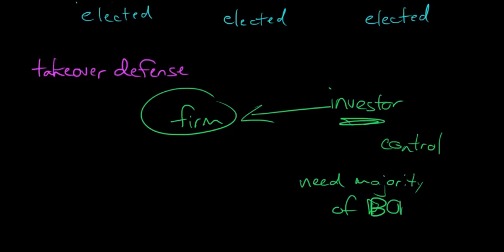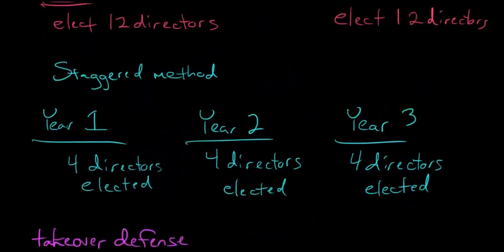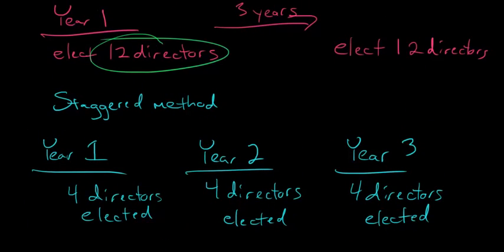So, apologies for my penmanship, but if I notice that there's an election coming up in 3 months and I want to take over, right now I put all my resources into trying to get a majority of this board of directors.